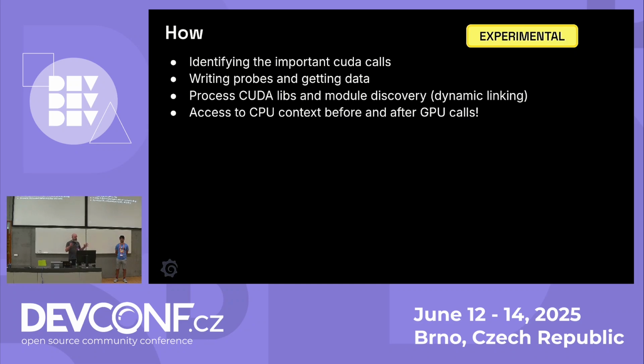We had a process of getting all the CUDA libs and modules and discovering. So we have to inspect what's there, and we have to take into consideration that there's also dynamic linking. And it's important to mention here that we only have access to the CPU before and after the GPU calls.